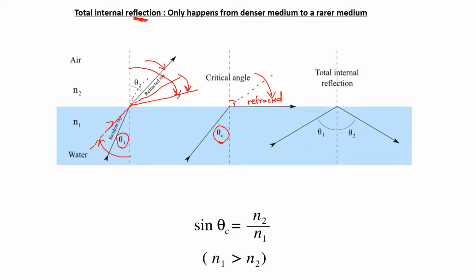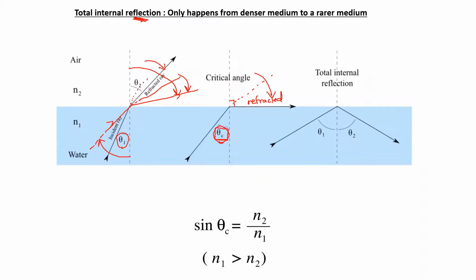Okay, and this incident angle is called the critical angle. Why is it critical? This is the highest angle where refraction will take place. After this, something else will happen. Okay, because right now it is at the surface.